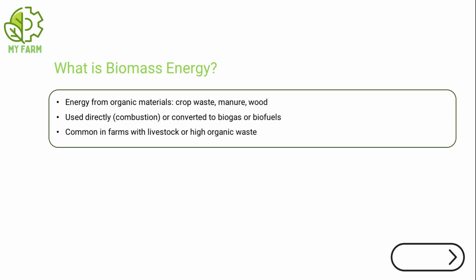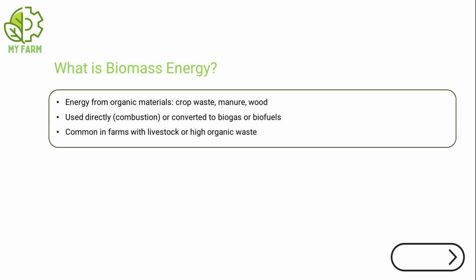The beauty of biomass lies in its versatility. Depending on the conversion method, it can produce a wide range of energy outputs. Through direct combustion, crop residues and wood waste can generate thermal energy to heat greenhouses, animal housing, or water for processing.